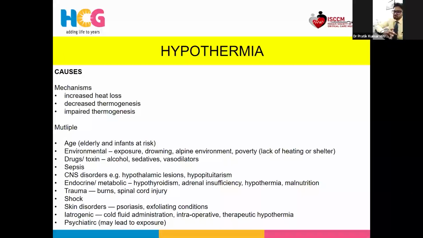CNS disorders like hypothalamic dysfunction and hypopituitarism, endocrine problems like hypothyroidism, adrenal insufficiency, trauma, burn and spinal cord injury, shock, skin disorders like psoriasis, and iatrogenic causes like cold fluid administration during winter season, intraoperative therapy and therapeutic hypothermia. Psychiatric illness may lead to exposure.